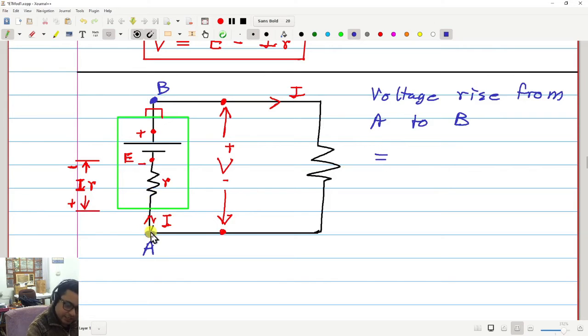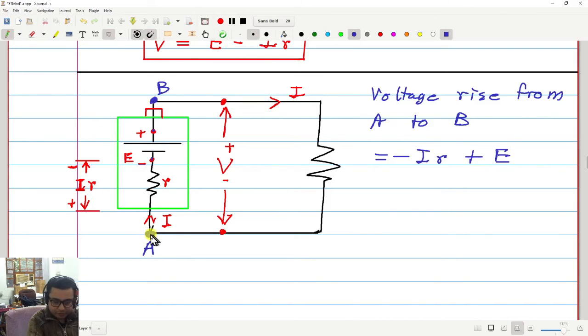Here to here, there is actually a voltage drop, no rise but drop. So I will write this as a negative voltage rise, minus I times R. And then from here to here, there is actually a rise. So plus E. This is the voltage rise from A to B.